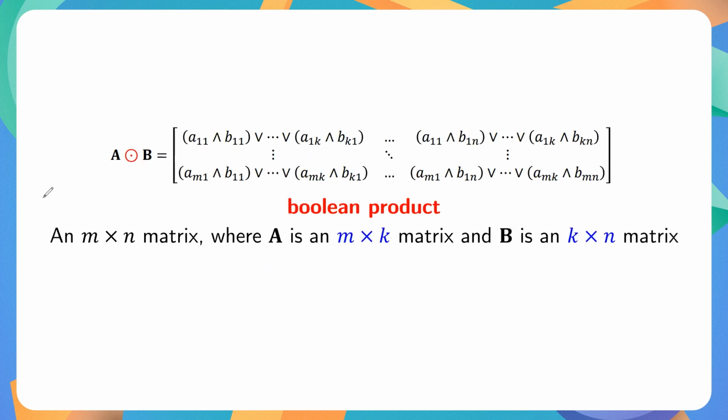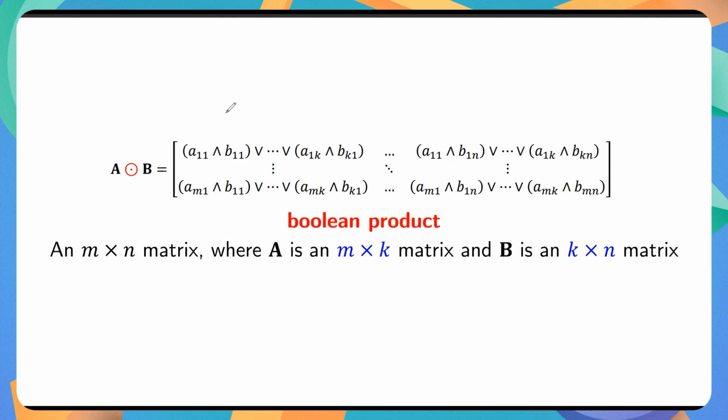So for the Boolean product, we have an m by n matrix where A is an m by k matrix and B is a k by n matrix. This is similar to matrix multiplication wherein the number of columns of the first must equal the number of rows of the second. Incompatibility happens if the number of columns is not equal to the number of rows. Here, what we're doing is ANDing each term and then ORing them together.